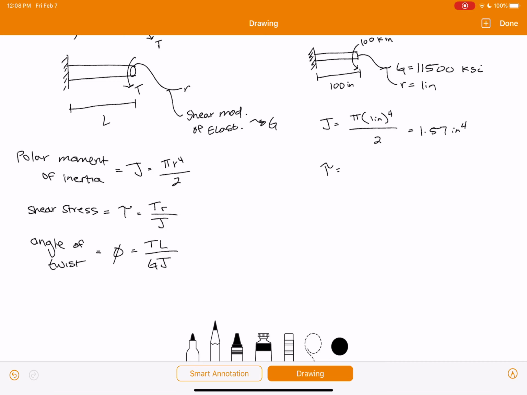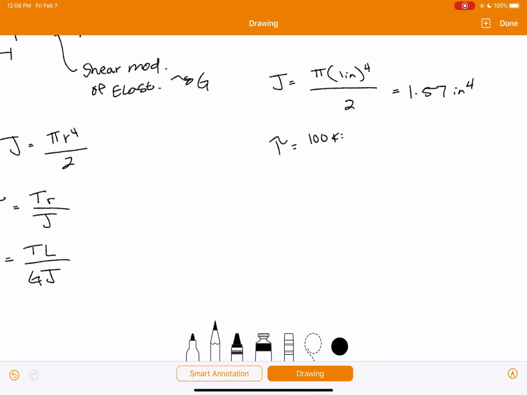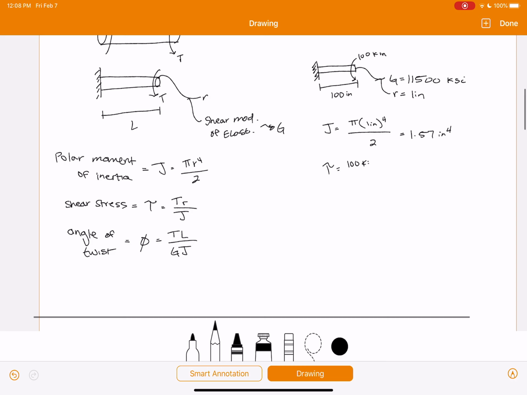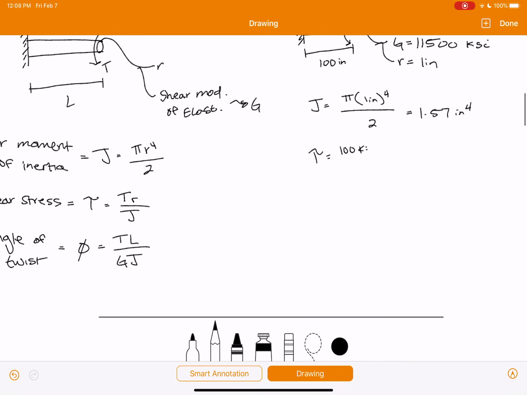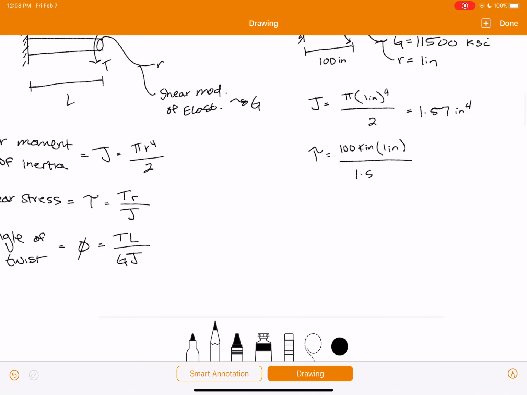So we're going to take our torque, 100 kip inches times our radius, 1 inch, all over J, which we calculated above is 1.57 inches to the fourth. Put that all in your calculator, you'll get 63.7 KSI.